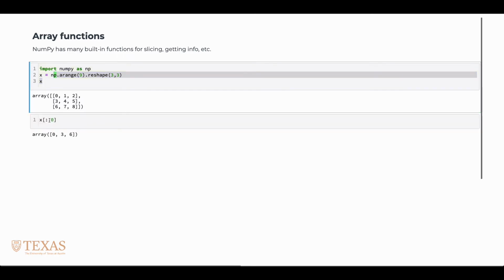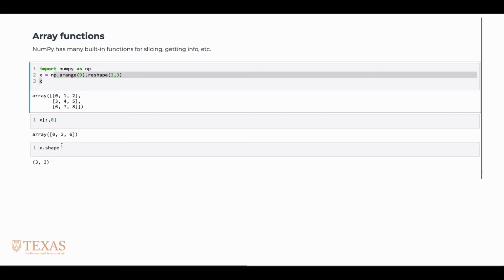If we wanted to get a part of that array, we could do it with this type of notation. The colon means take all the rows, all of the first dimension. And so this means take all of the rows in the 0th column, or the first column, right? So in that case, 0, 3, 6 would be returned, that part of the array there.